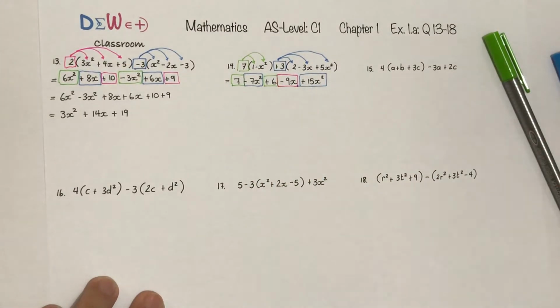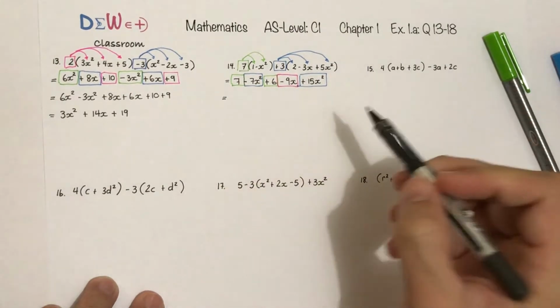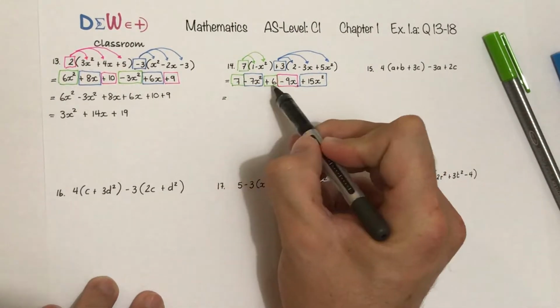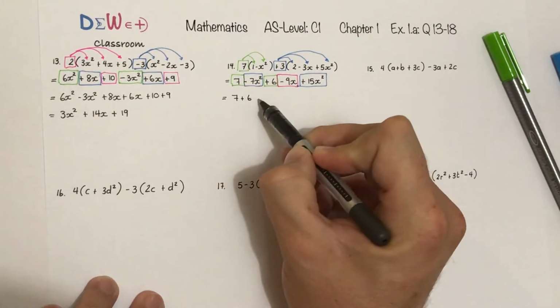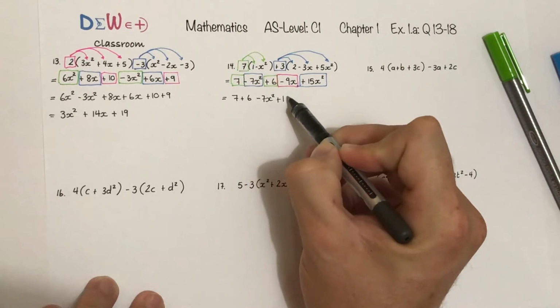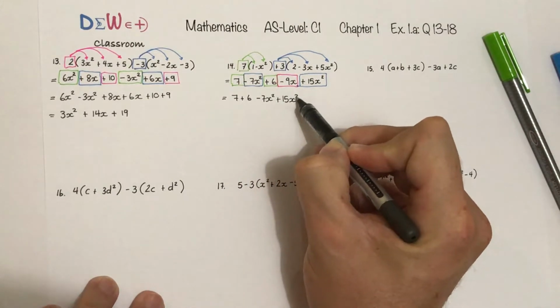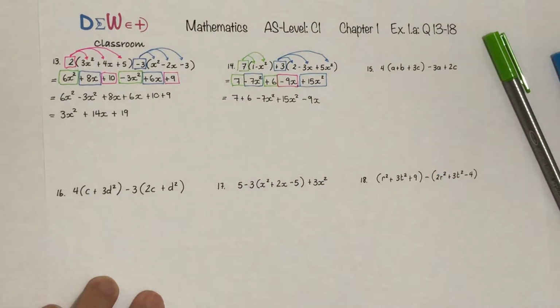Okay, now we write our like terms together as per the instructions of the textbook. So 7 plus 6, the green ones together. The blue ones together, minus 7x squared plus 15x squared, and the pink one minus 9x.